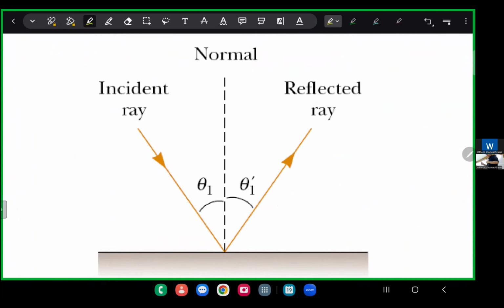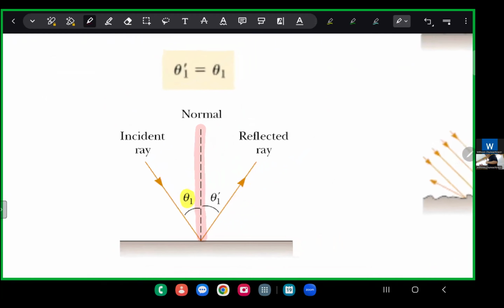And from this point on, every time you are talking about an angle, that angle is measured with respect to a normal line. You have to draw a normal line, a line that is perpendicular to the surface where things are about to happen. Most of the time, the angle in any formula is the angle relative to this normal line. That's the way we agree to do this.